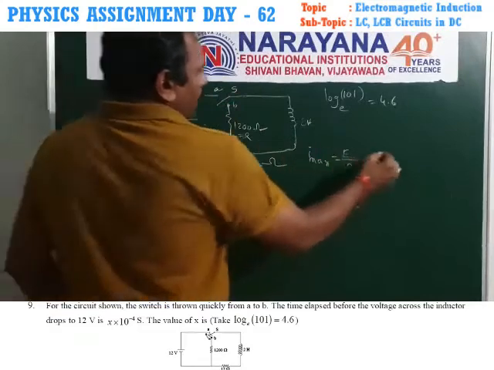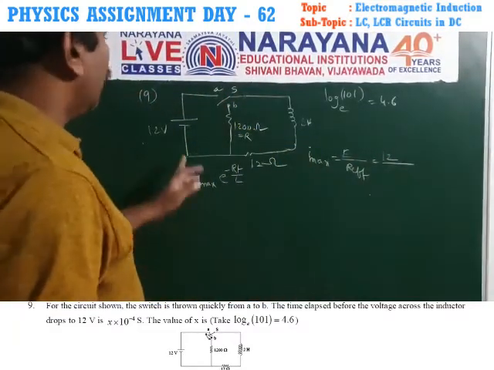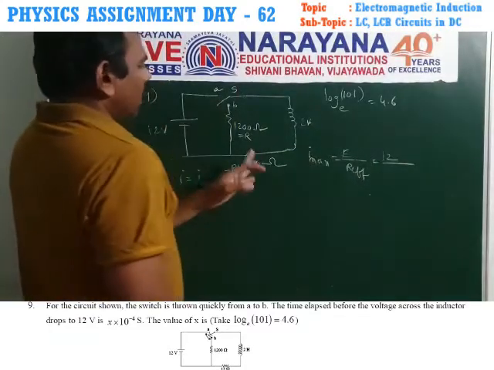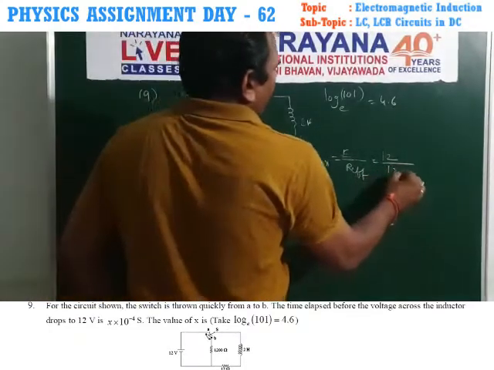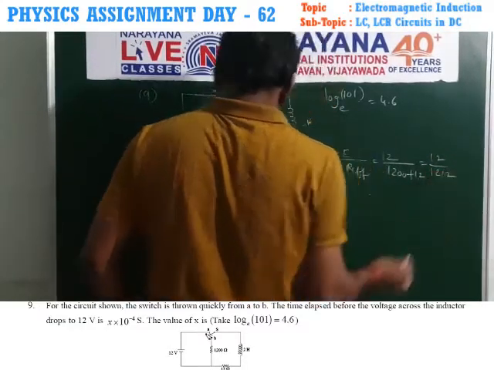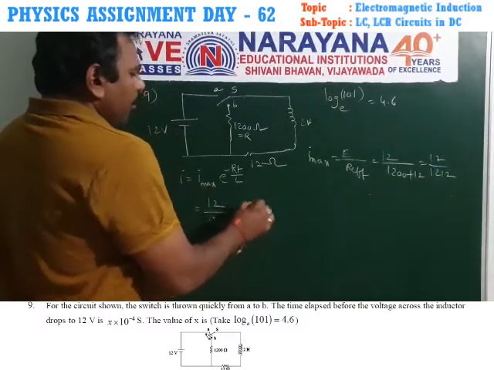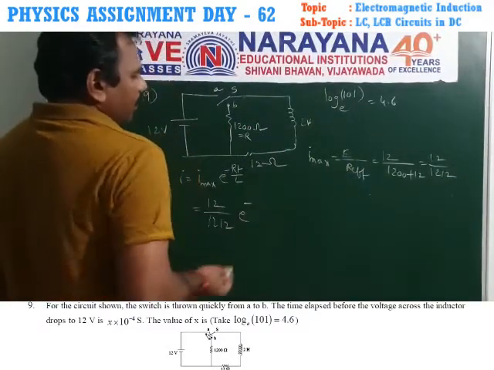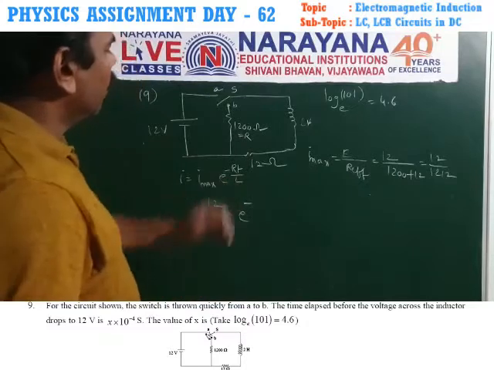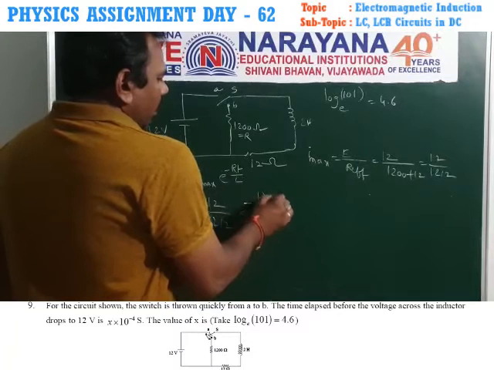E value is 12, so 12 by the total effective resistance, which is 1200 plus 12, so 12 by 1212, into e power minus Rt by L. R value is equal to 1200.